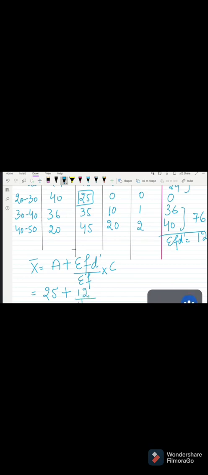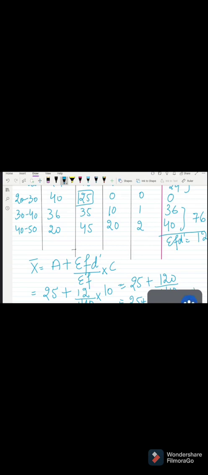Total of frequency is 140 and common factor I take 10, right? So 25 plus 12 divided by 140, by BODMAS just multiply it with 10, and you will get again 25 plus 0.86, that is 25.86, right, as your answer.